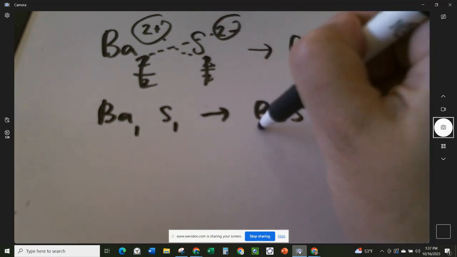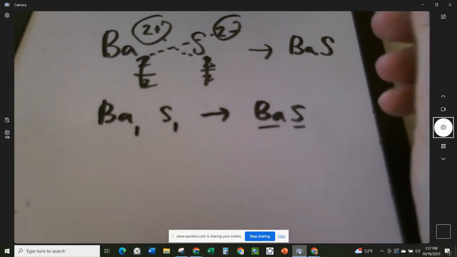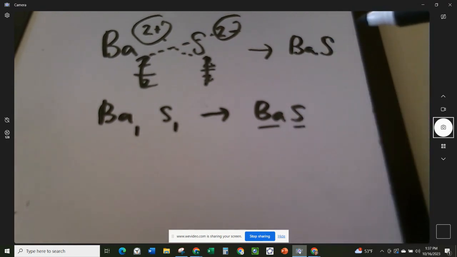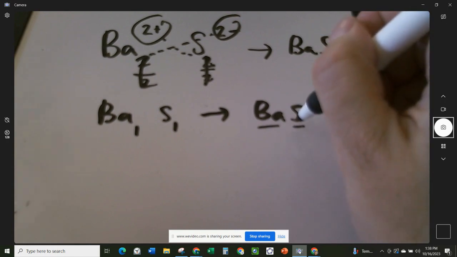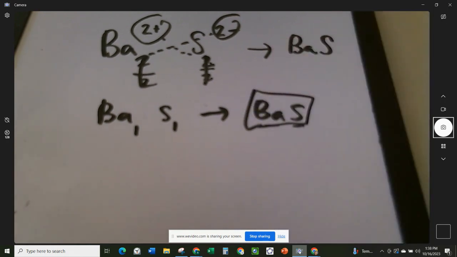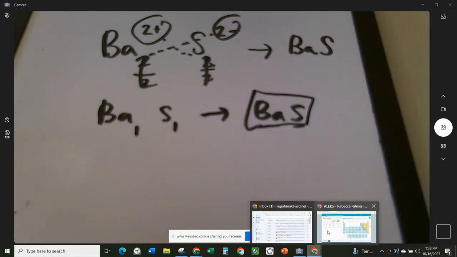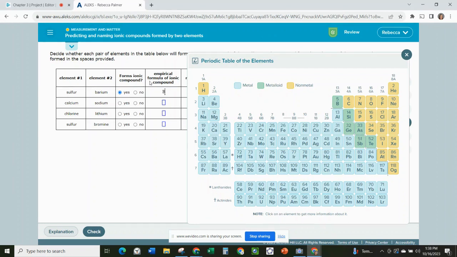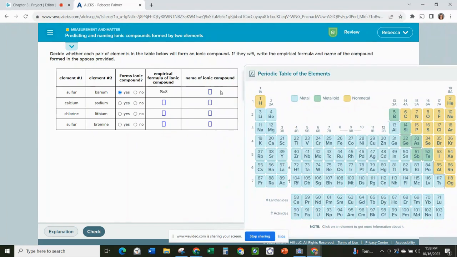We always have to put the metal first. The non-metal comes second. Okay, and then we simplified. So that's our empirical formula. So BaS, barium, and then we put the metal first, name of ionic compound. Metal first, barium, and then we're going to change sulfur to sulfide.